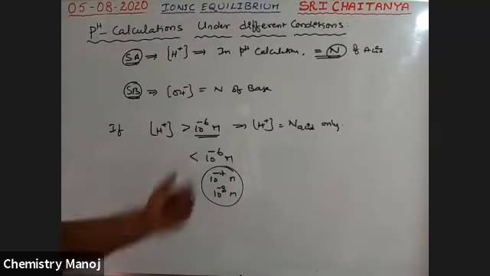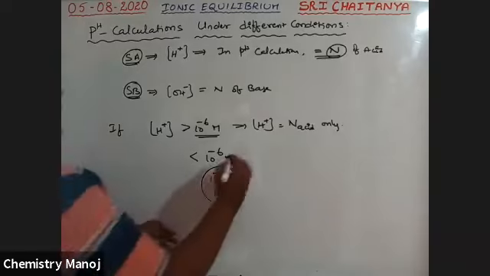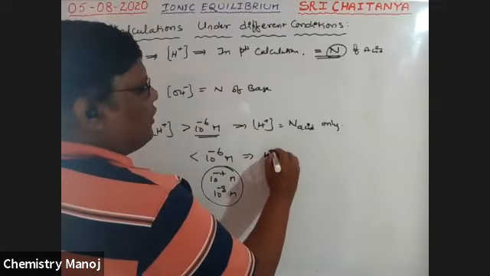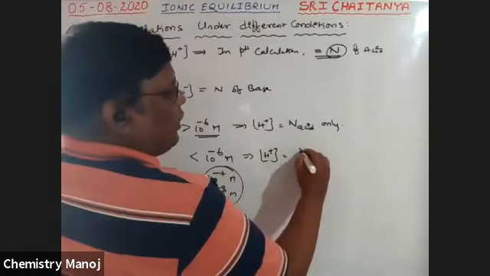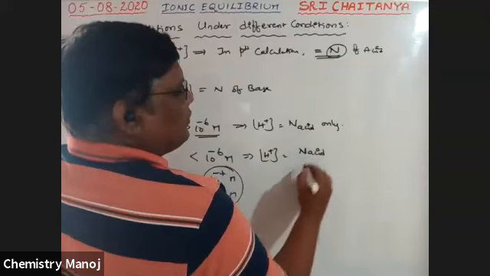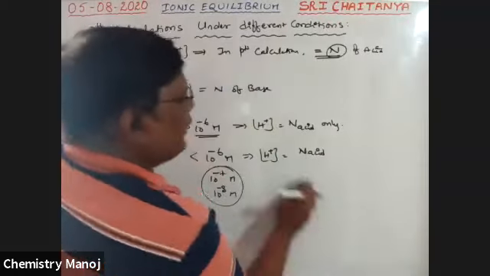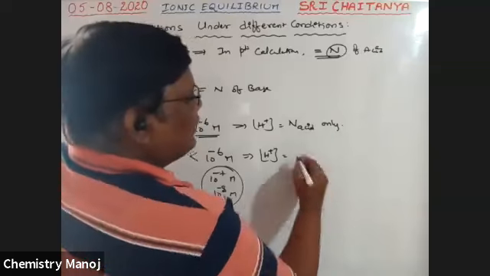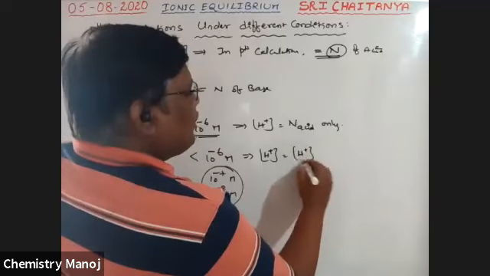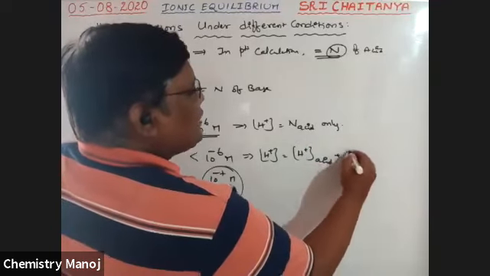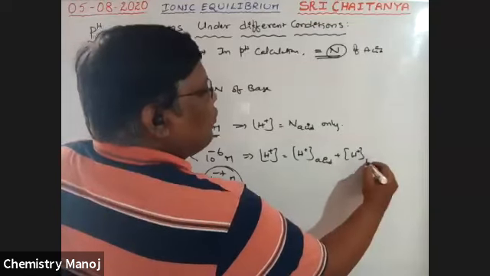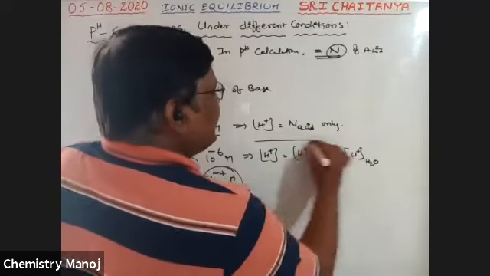These are less than 10 power minus 6. So there, H plus ion concentration is equal to normality of acid. In the other case, H plus concentration is H plus from acid plus H plus from water also considered.